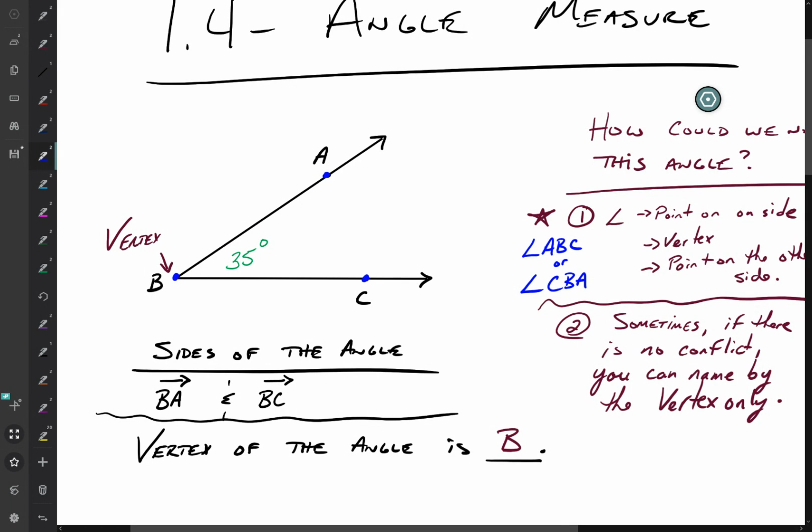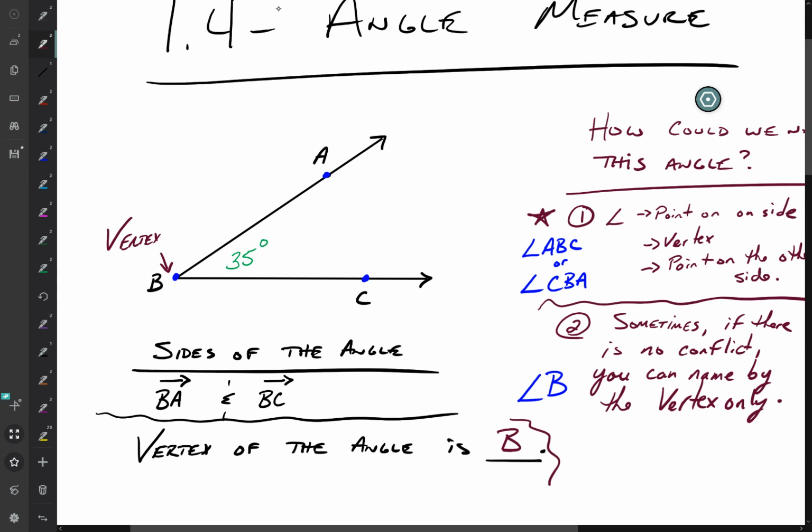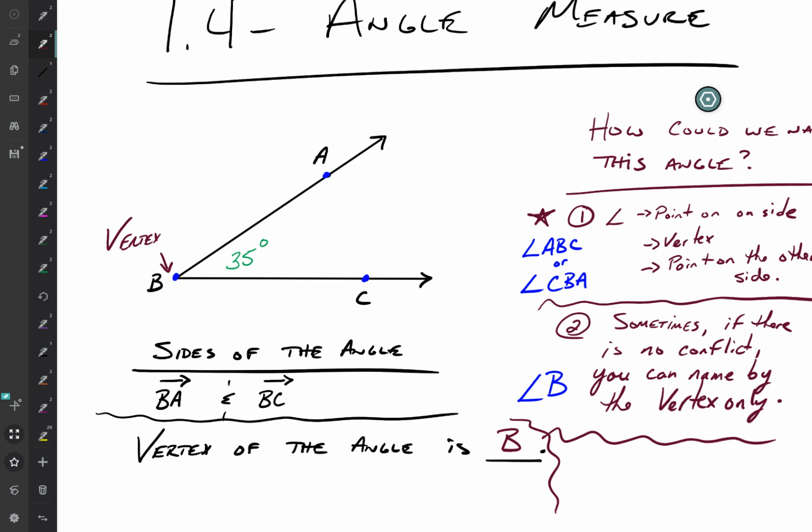So what would be the name here? Angle what? And that would work here. Why do you think it would work? Would there be any confusion what angle I was speaking of when I'm talking about that?